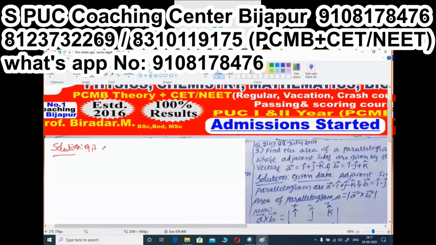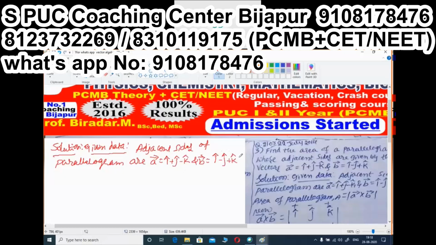First, a vector is i cap plus j cap minus k cap, and b vector, the second adjacent side, is i cap minus j cap plus k cap.